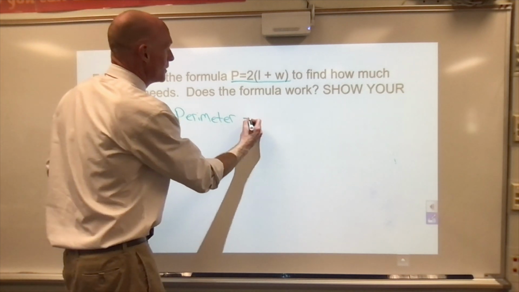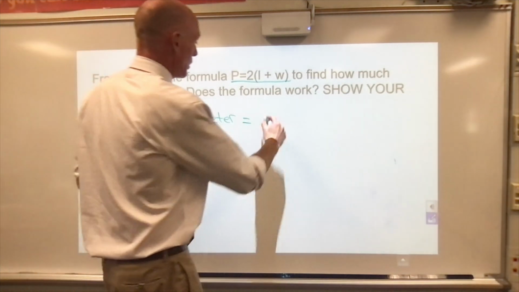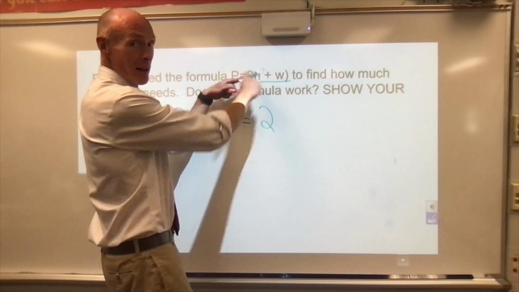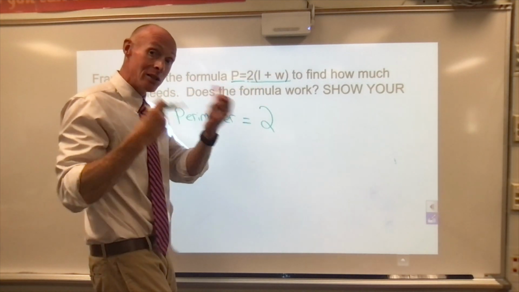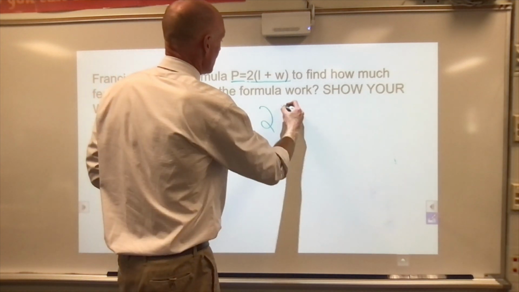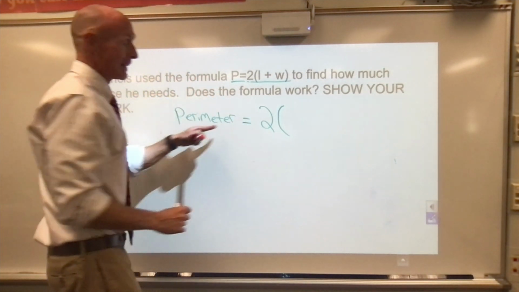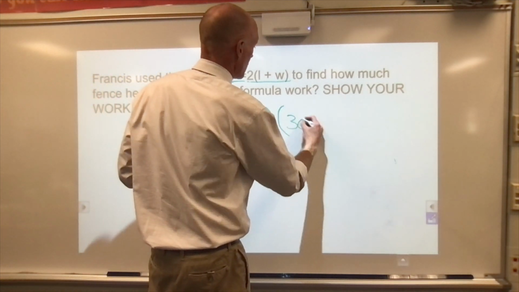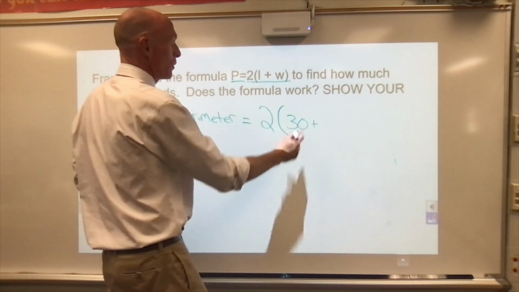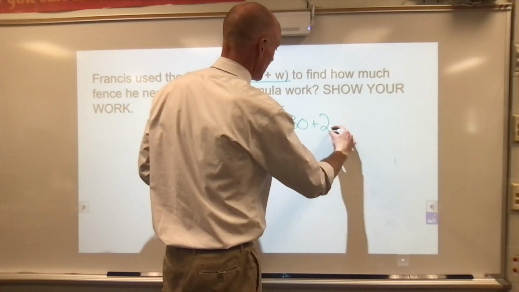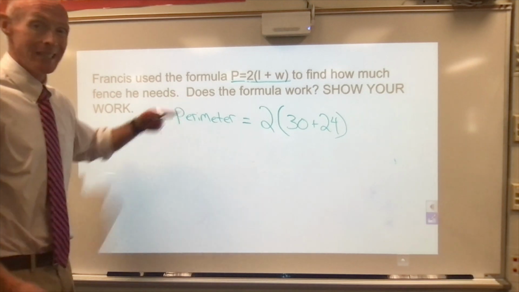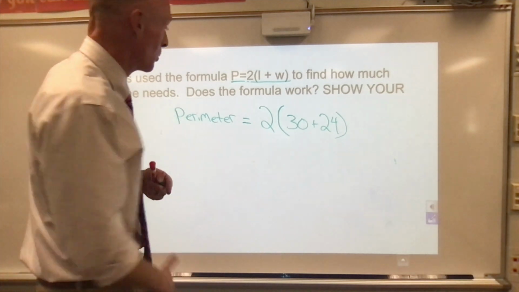Perimeter is equal to 2, and when you have that 2 right up against the parentheses, it means multiplication, times my length, they said, was 30, plus my width is going to be 24. I got that from the last problem. Let's see, does this formula work?